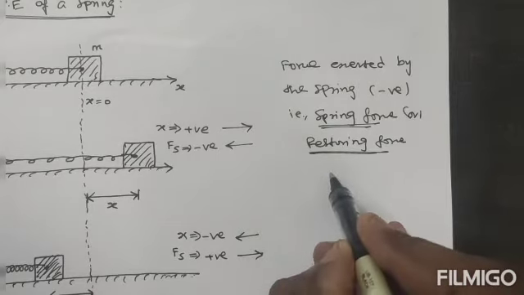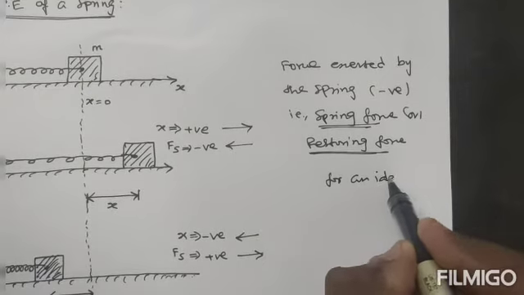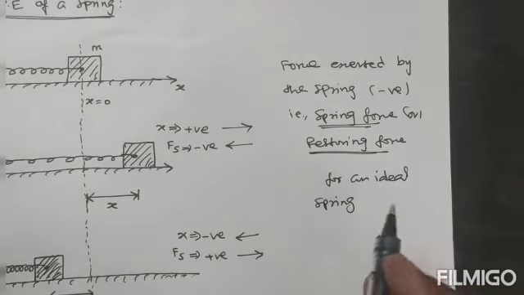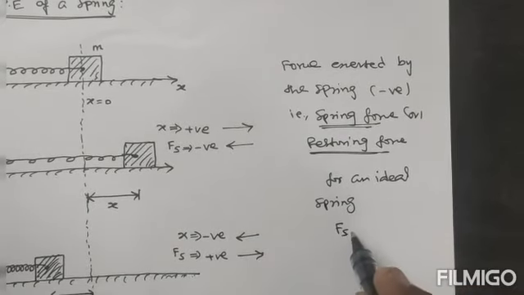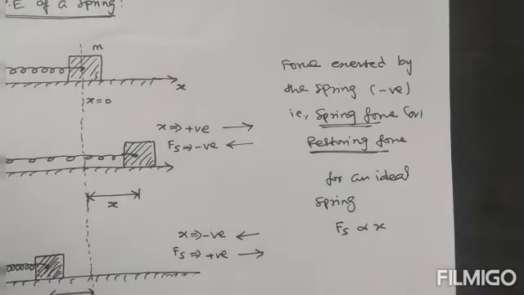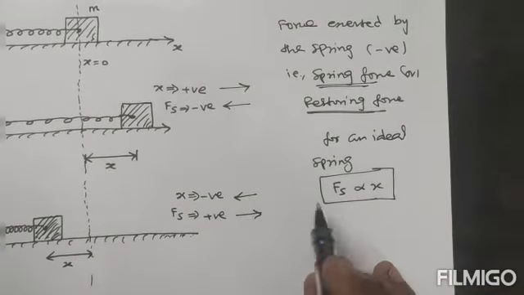So for an ideal spring, the spring force is directly proportional to the displacement. This is what we call Hooke's law.